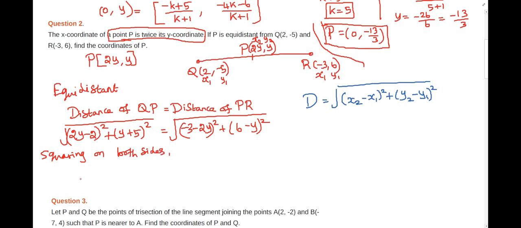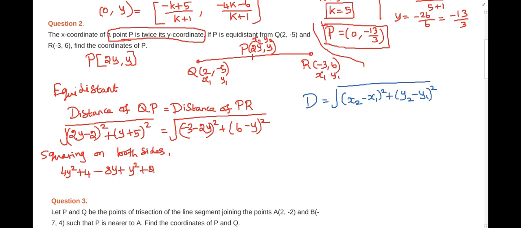And expanding the terms. So (2y - 2) whole square means it is (a - b) whole square. So 4y square plus 4 minus 2 into 2y into 2, that is 8y. Again (y + 5) whole square means you have to apply (a + b) whole square.